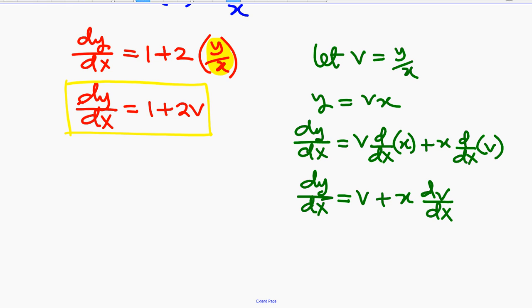Now already you can see here this is an equation for dy over dx, and here we also have an equation for dy over dx. So what you're going to do is equate these together.